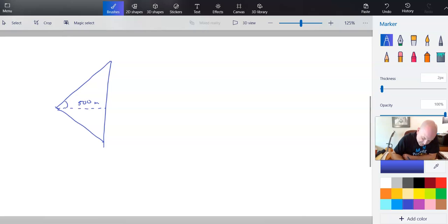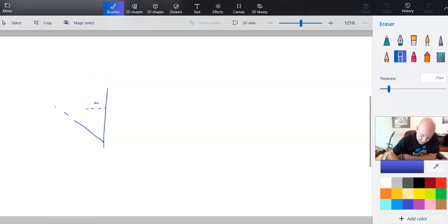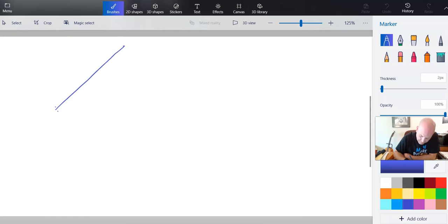Let me just draw this a little bit bigger. I'll go ahead and write this across. This is still 500. I just wanted a little more room to put in the angles. So we're going to say that this is 40 degrees and this is 25 degrees.